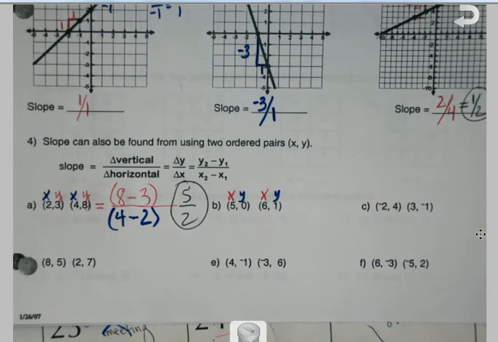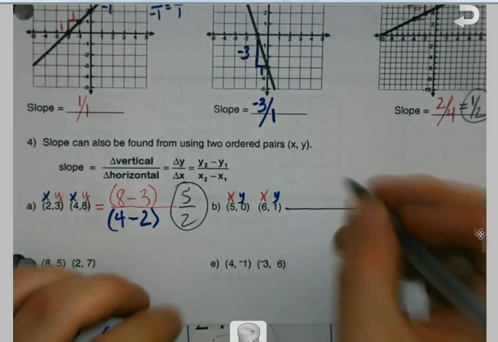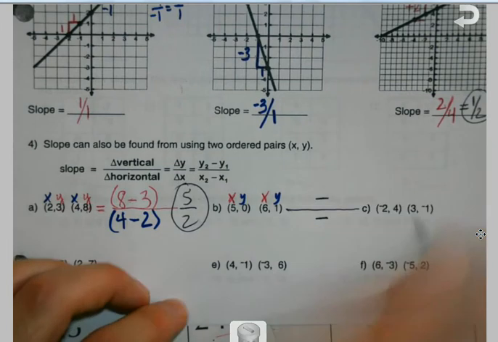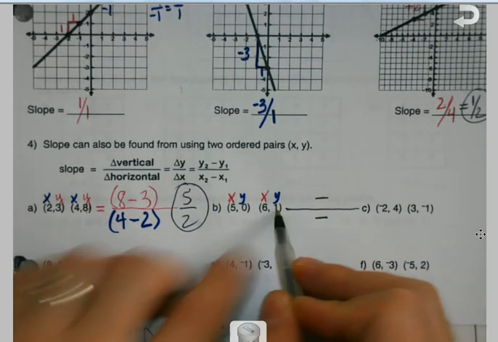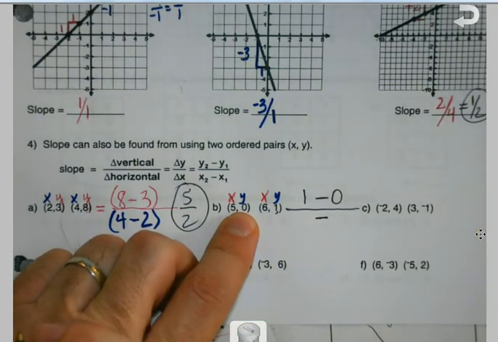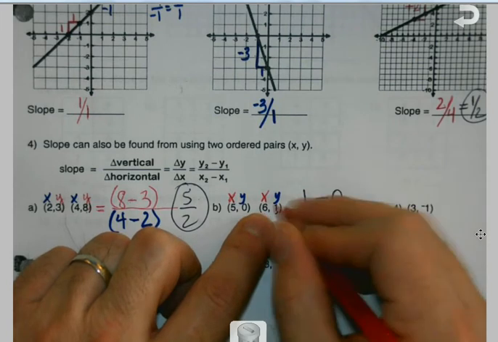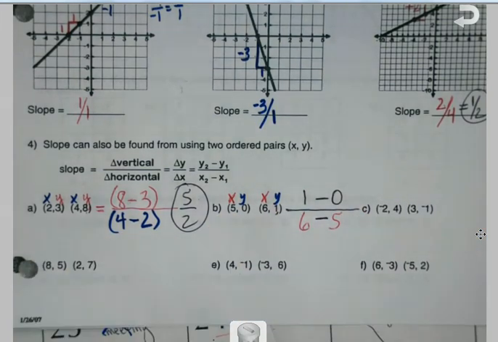And again, it doesn't matter which order I start in as long as I'm consistent. I like getting my minuses in so I don't forget them. So we can do like last time. We can start with the second y and then go to the first one. And we can do the same thing with the x's. Again, I start with the same one that I started with y's.